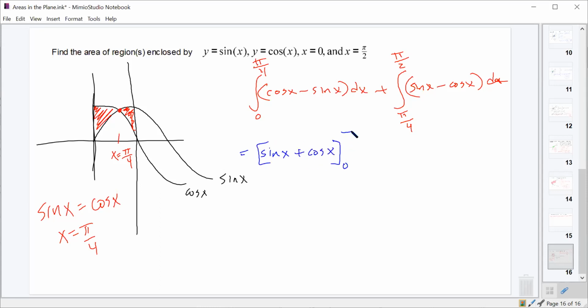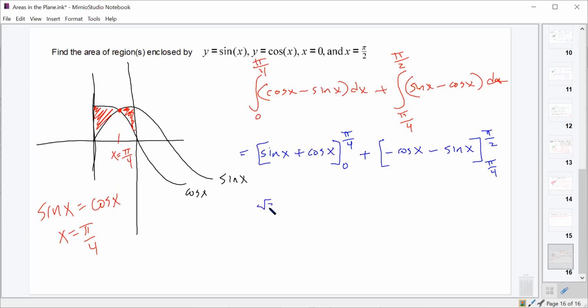From 0 to pi over 4. And then we'll add, what's the integral of positive sine? That one should be negative cosine, right? And the integral of negative cosine should be negative sine. And we'll go pi over 4 to pi over 2. A little bit of evaluation of these trig functions, and we should be good.